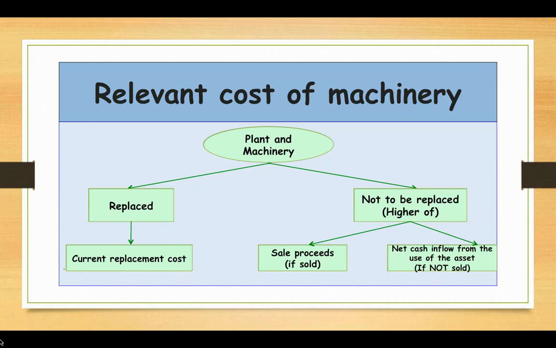If the machine is idling and the company is not planning to replace it, we need to take the highest value of either the sale proceeds, if the machinery is being sold, or the net cash inflow from the use of the asset, if the asset is not sold. We are going to see some examples just to give us a clear idea.